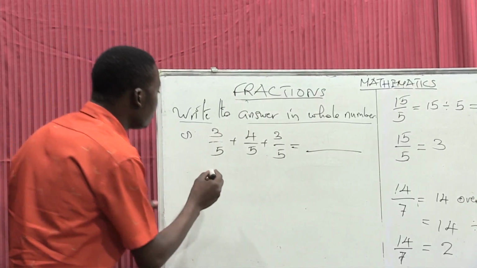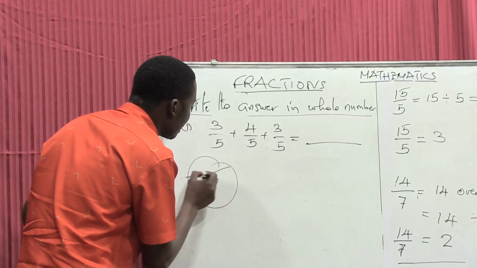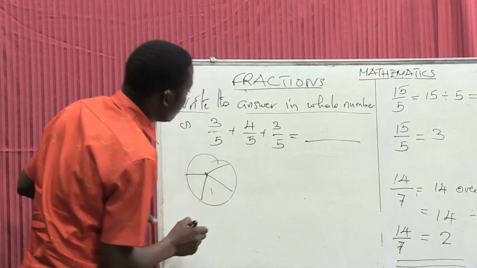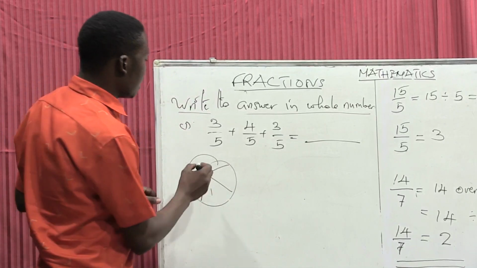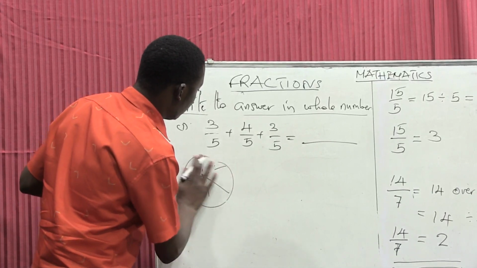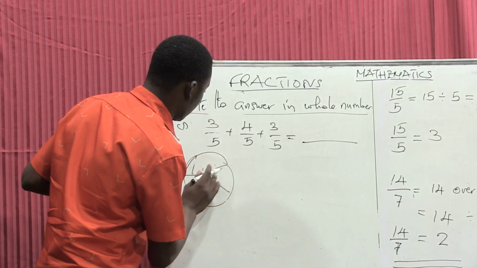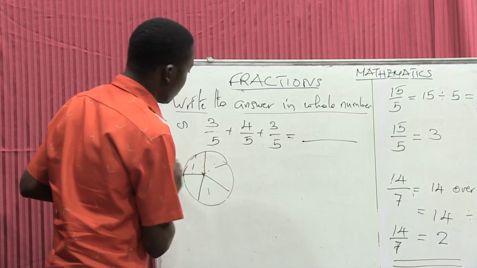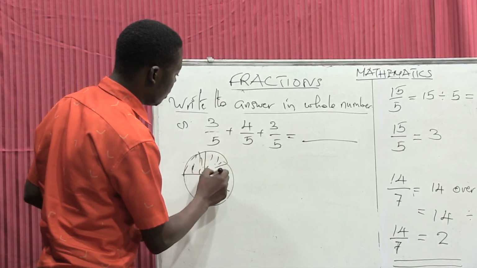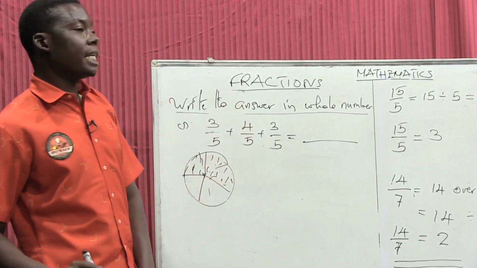If you have an object, your object is divided into 5 parts. Then 3 parts are taken out, like this one here, isn't it?